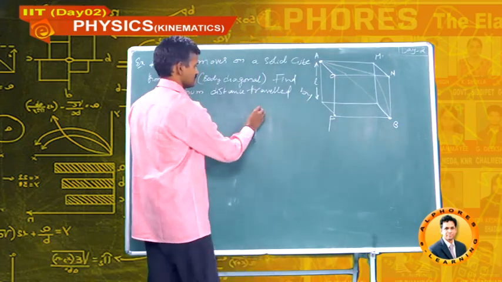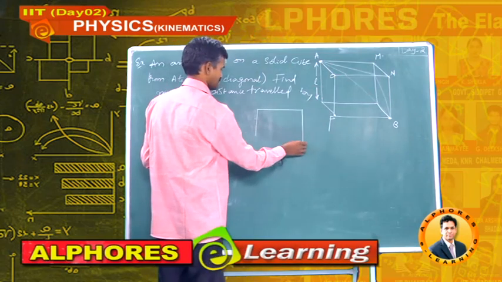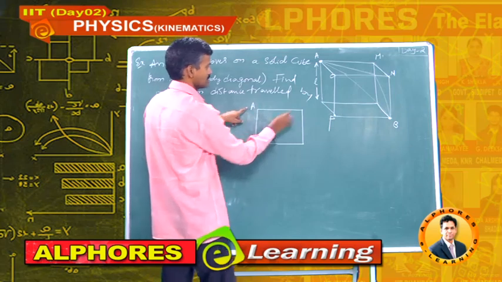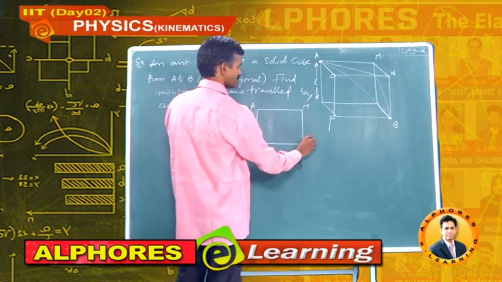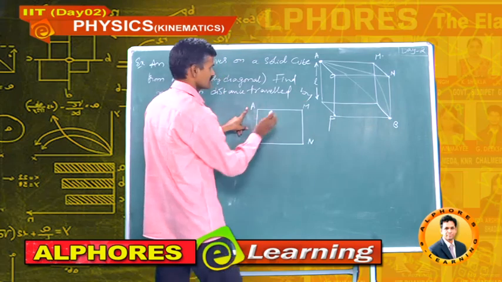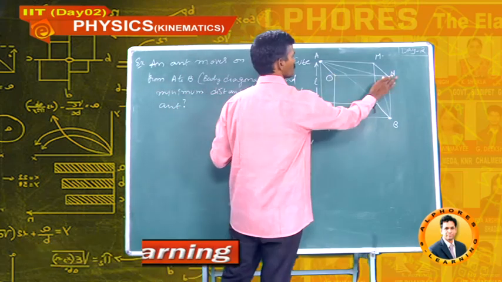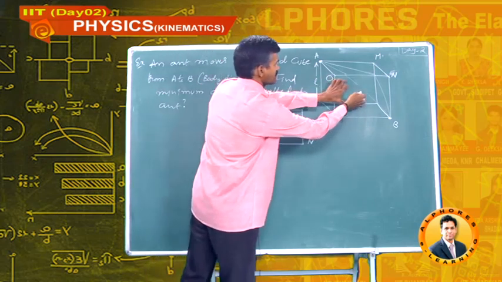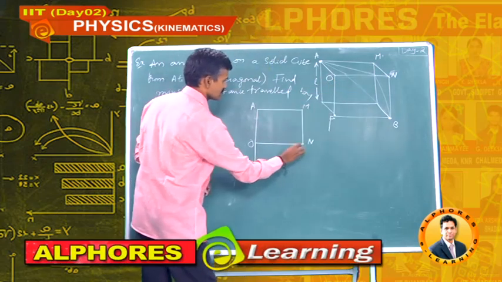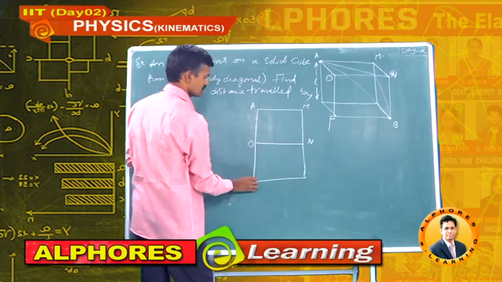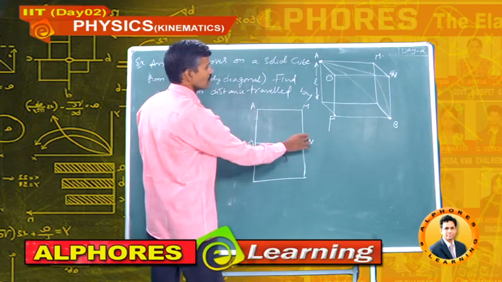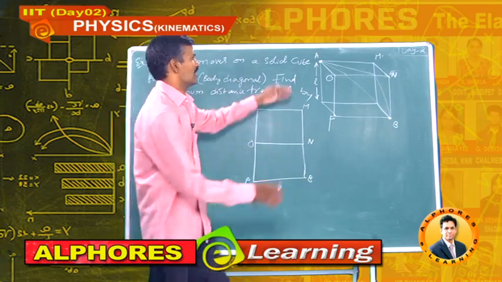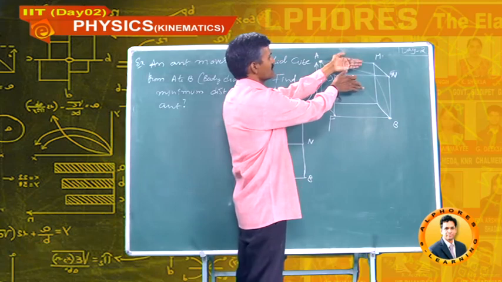This is the upper face. Our ant starts at A. This is the A, M, N, O face. This is O, this is N, and this side face is O, N, P, B.